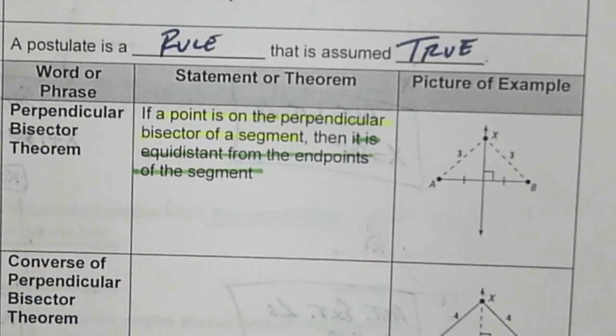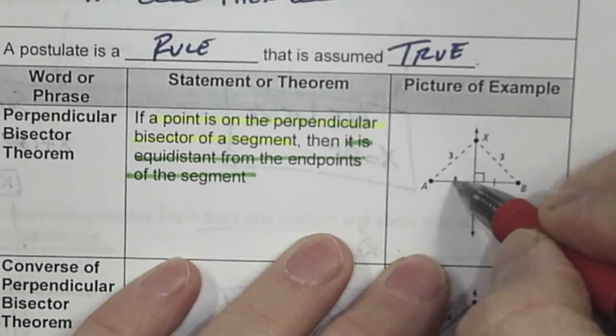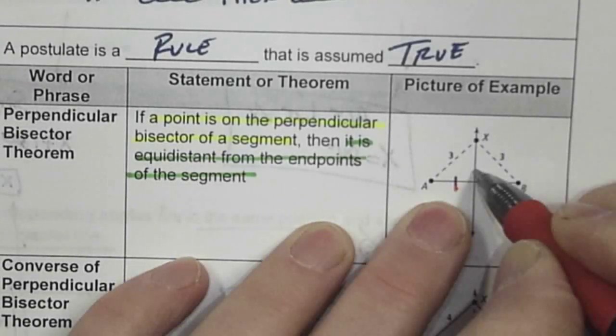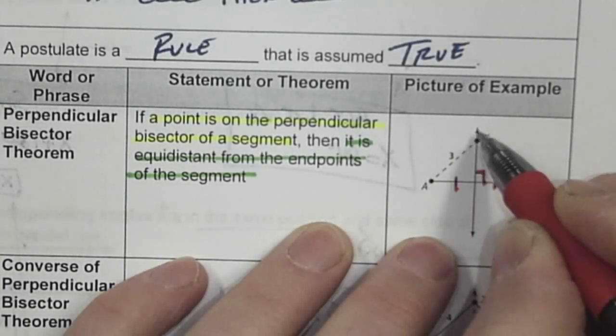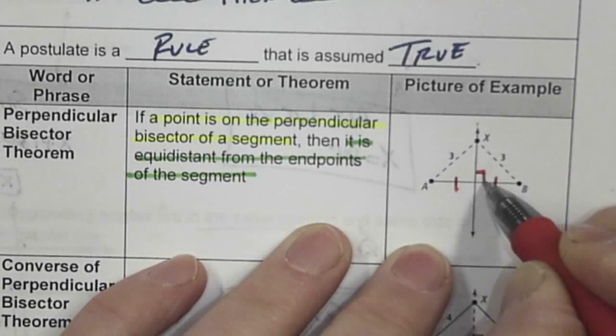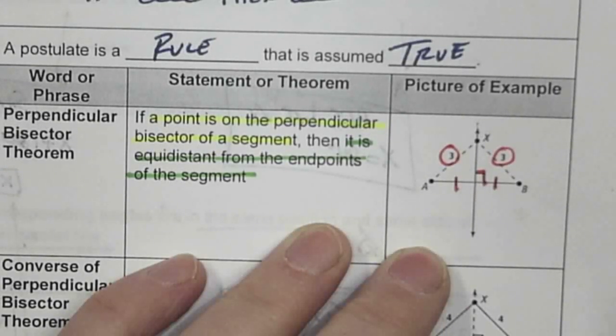I need to know how to look at a picture and make things equal. So it's saying, hey, if I drew this line here, and that line splits this in half, bisect, and it's perpendicular, so if this vertical line splits this segment in half and is perpendicular, then I know these two things are equal.